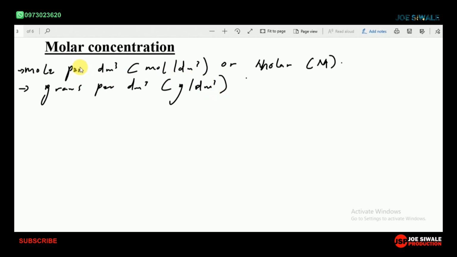So that means that concentration can be represented by mole per cubic decimeters or grams per cubic decimeters.